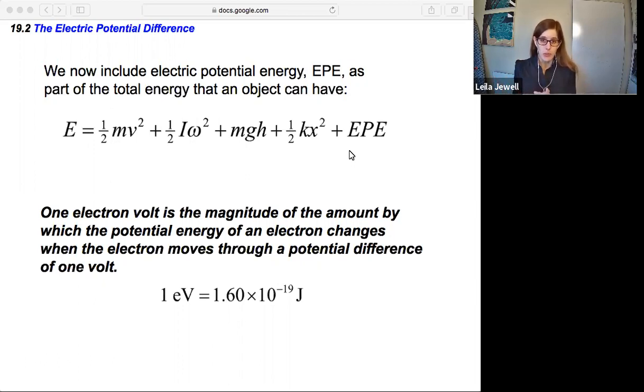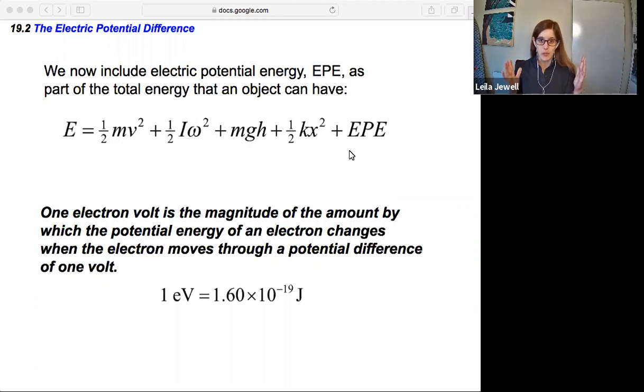One other note while we're talking about energy, there is another unit of energy that's also useful. Much as I love the joule, there's also the electron volt, and it's useful when you're talking about small things. The electron volt is the magnitude of the amount by which the potential energy of an electron changes when the electron moves through a potential difference of 1 volt.